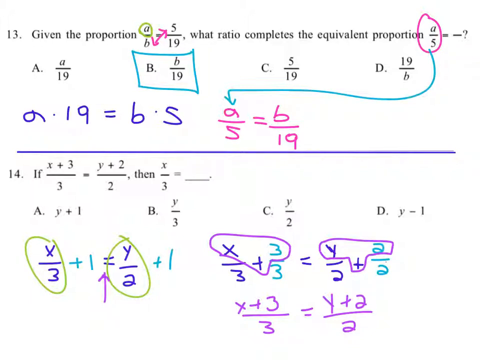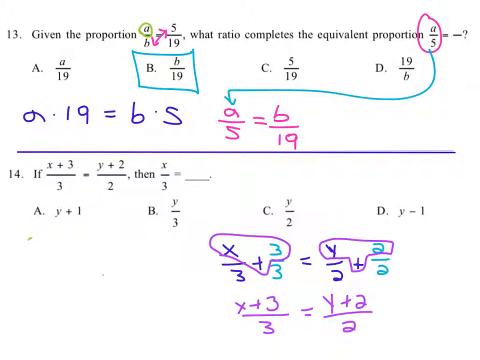And you get an equivalent amount from what you originally had, which, if I took away that plus 1 here and that plus 1 there, you just get x plus 3 over 3 equals y plus 2 over 2. Let me rewrite it because I erased it by accident.